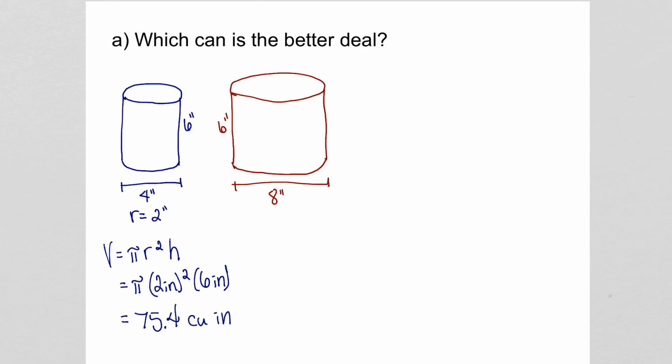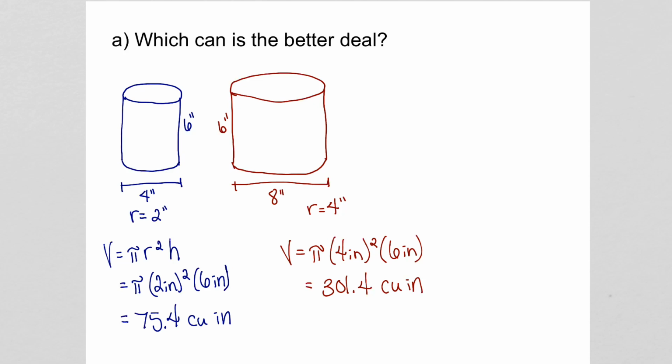So the radius of this can is 4 inches. So we have pi r squared times the height. Gives us 301.4 cubic inches.